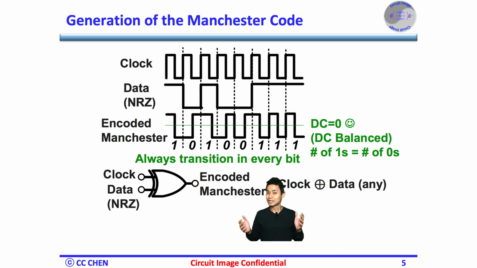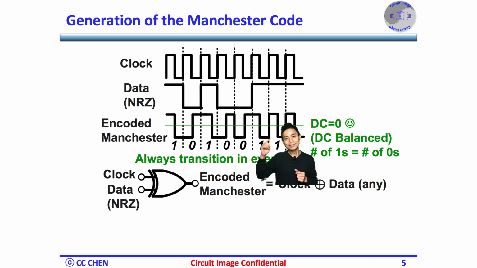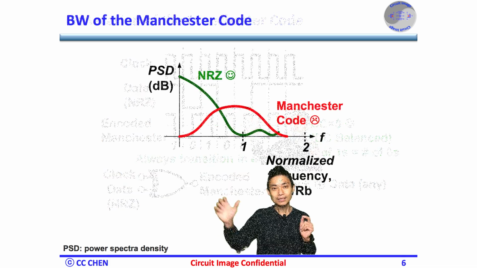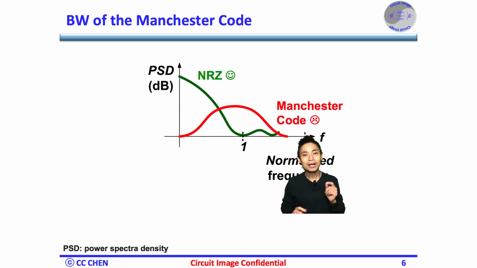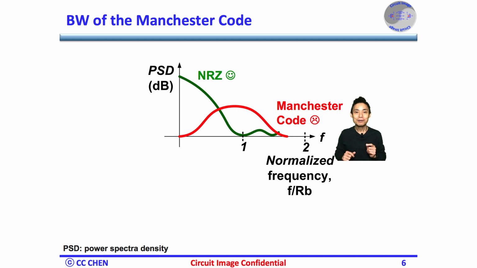Do you see any issue with it? Think about how more transition in the time domain image can imply more bandwidth in the frequency domain image for 5 seconds. Perfect. Intuitively, more transition implies more high frequency content, and the bandwidth will be wider.